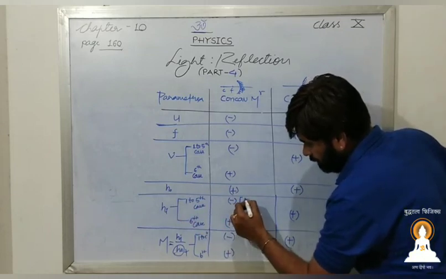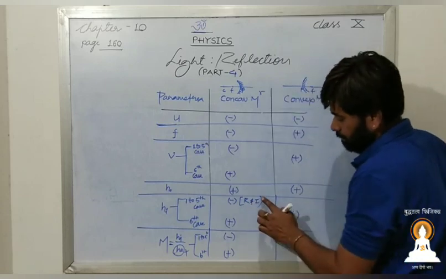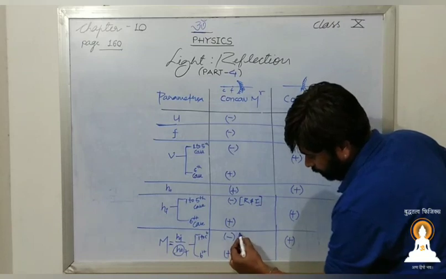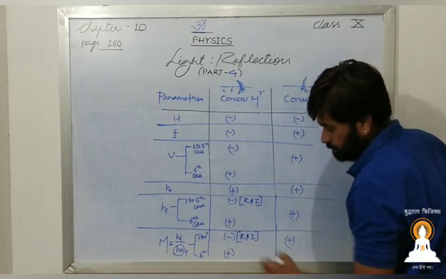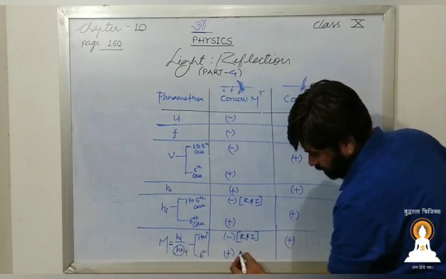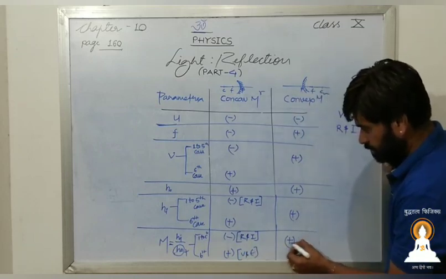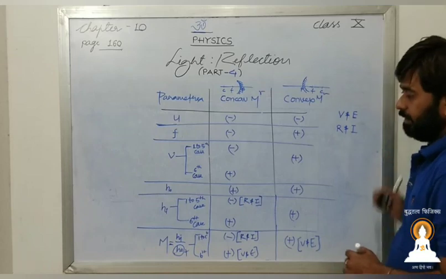So m will be negative for images that are real and inverted. Yes or no? And m will be positive for virtual and direct images. So here also m will be positive, so that the nature of image we may directly identify is virtual and direct.